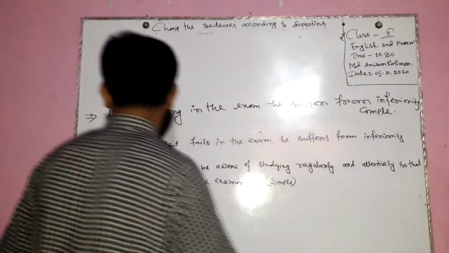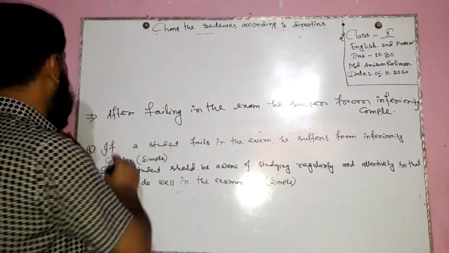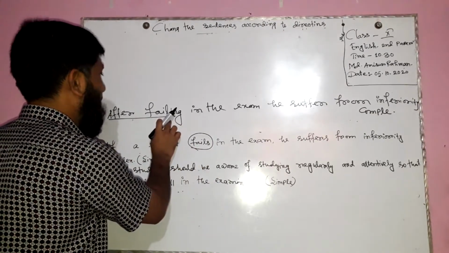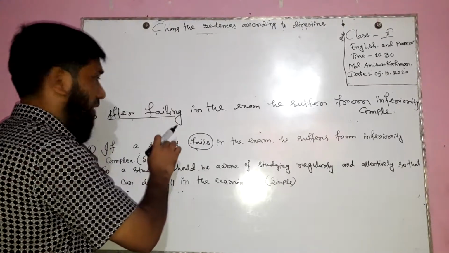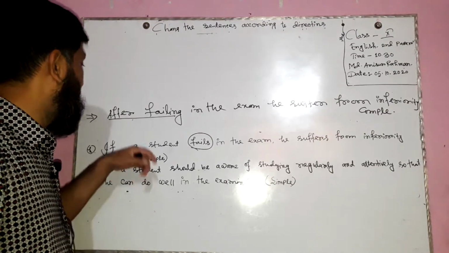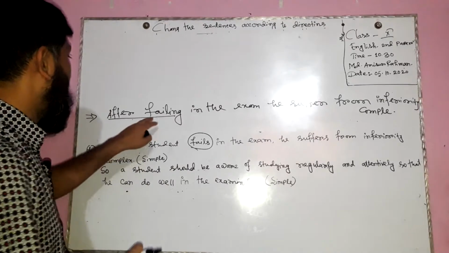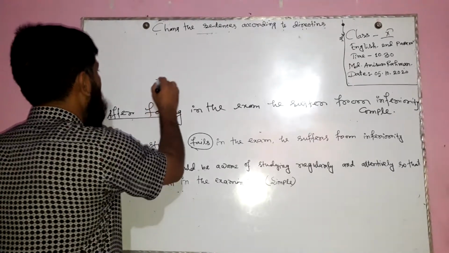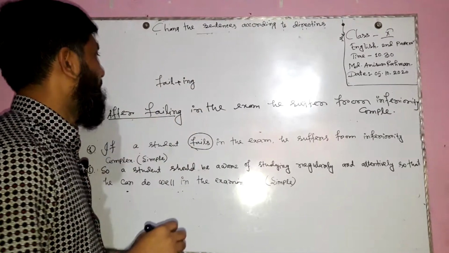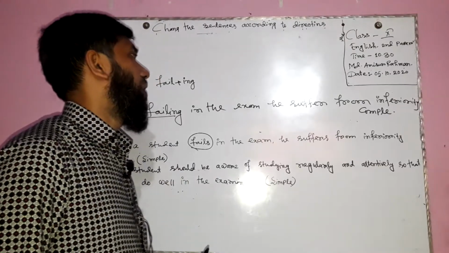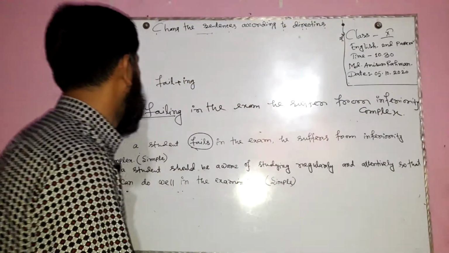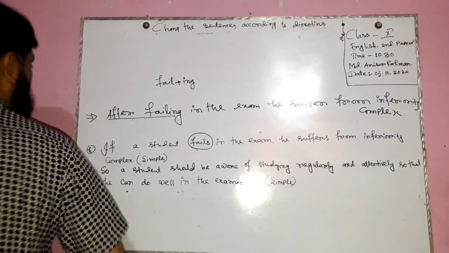It's very simple, not difficult. Firstly, we need to use the main verb here, turned into gerund: the present form added with ing. The main verb is present "fail" added with ing. After failing in the exam, he suffers from inferiority complex. Very simple.